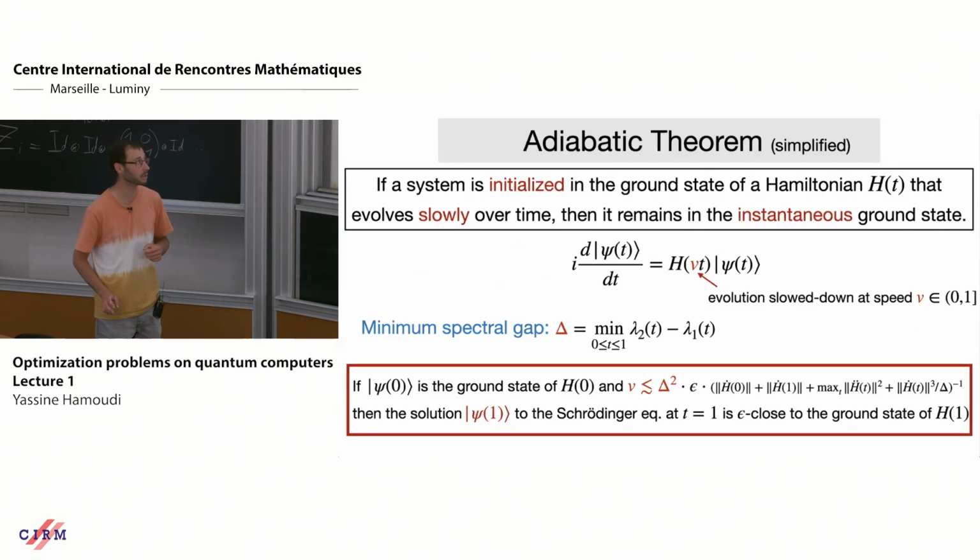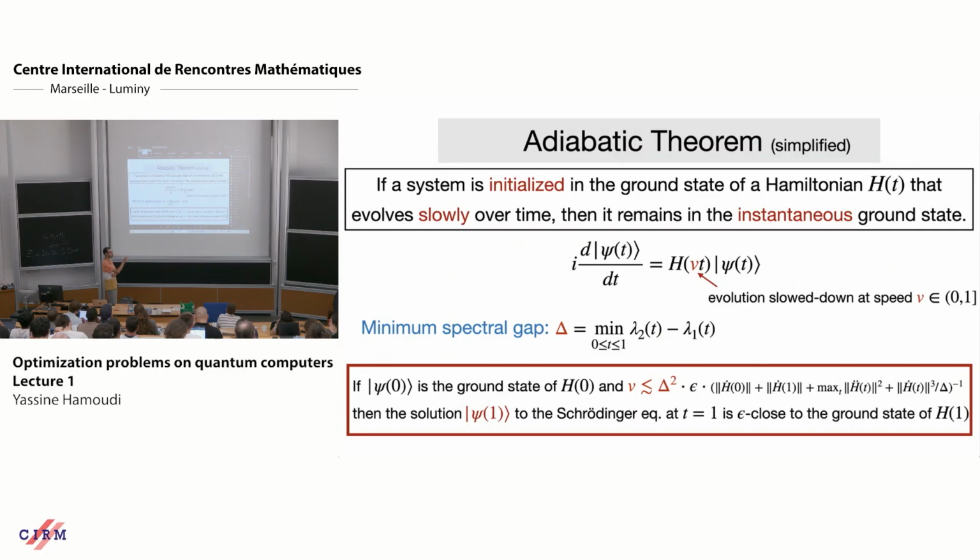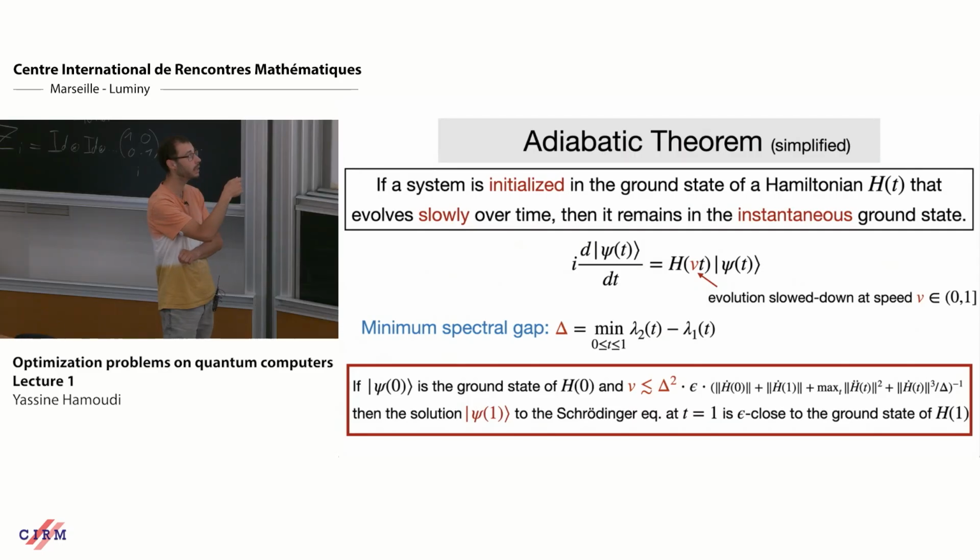And now this is a mathematical statement of the adiabatic theorem. So it says that if the initial solution psi naught is the ground state of H at time 0, and if you choose the speed v to be sufficiently small compared to delta, okay, so the exact expression is delta squared times some other terms, then if you solve the Schrödinger equation using such a value for v, then psi 1, the state at the end of the evolution, will be epsilon close to the ground state of the final Hamiltonian.